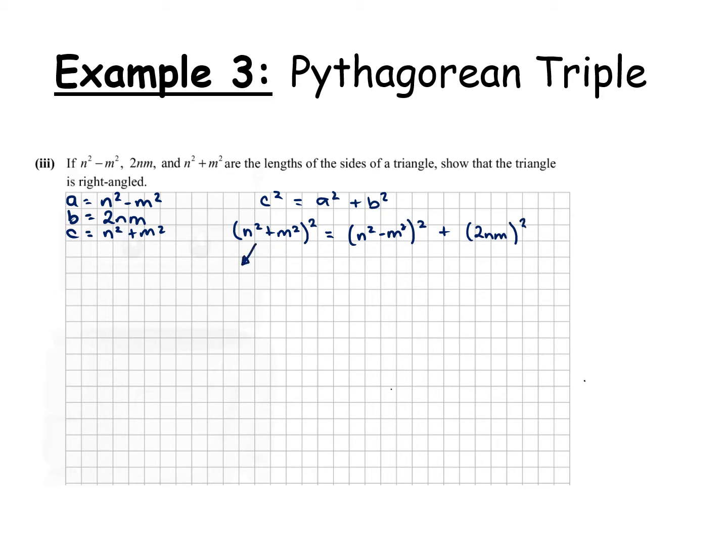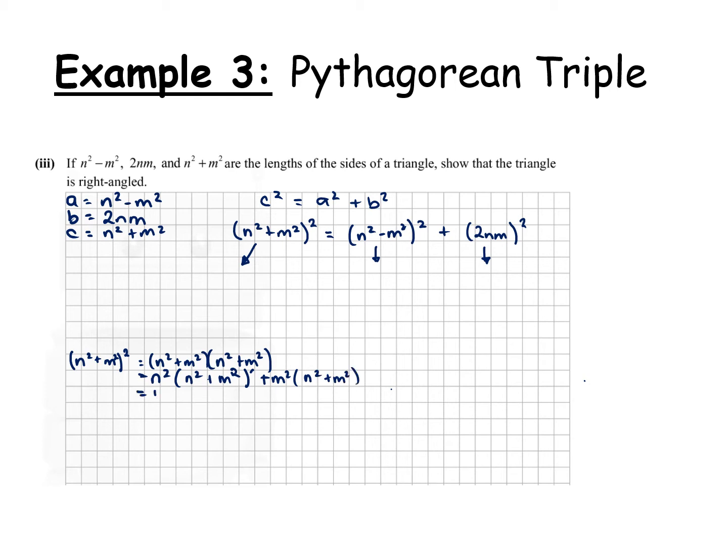So I'm actually going to work these all separately. I'm going to leave a bit of space to come back. But I'm going to do n squared plus m squared, squared, which is n squared plus m squared times n squared plus m squared. Separate out our brackets: n squared bracket n squared plus m squared, plus m squared bracket n squared plus m squared.